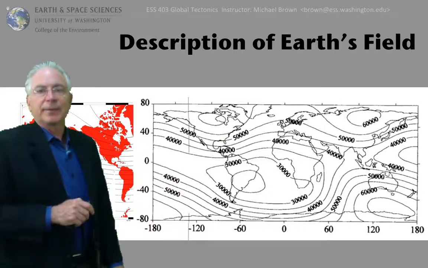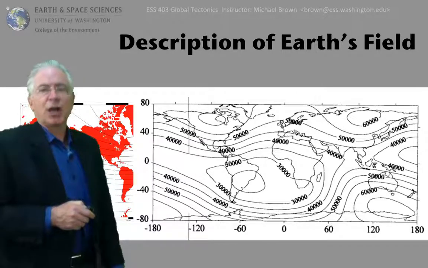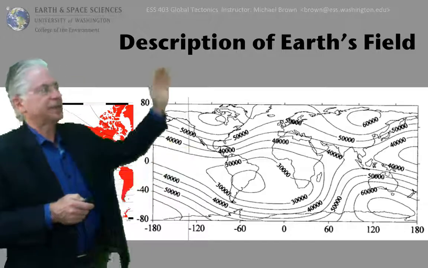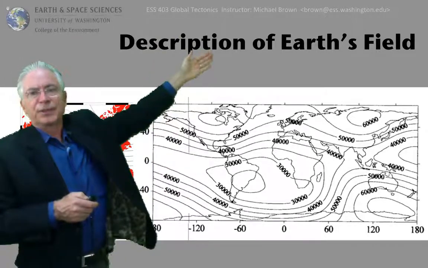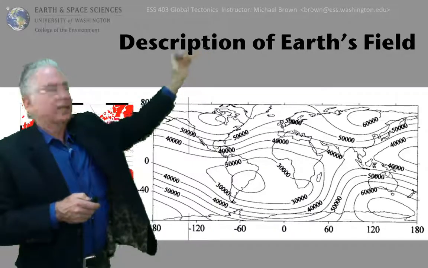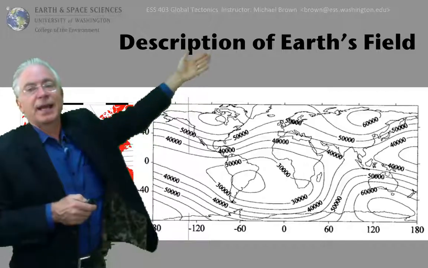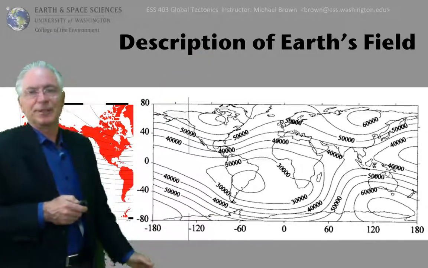If I bring up the intensity maps, here's contours of constant intensities. You see the overall dipole appearance. The magnetic field is strongest near the poles, over 60,000 nanotesla, and the 60,000 nanotesla contour shows at both the north end and at the south end.